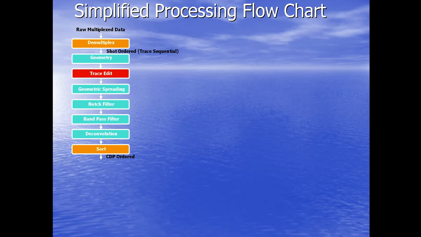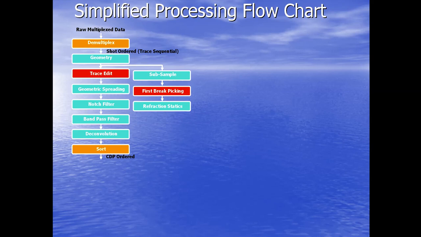And then we sort our data. In this, from the geometry, we do the subsampling and first break picking for reflection statics, and that reflection static can be updated in the data before applying the NMO correction.